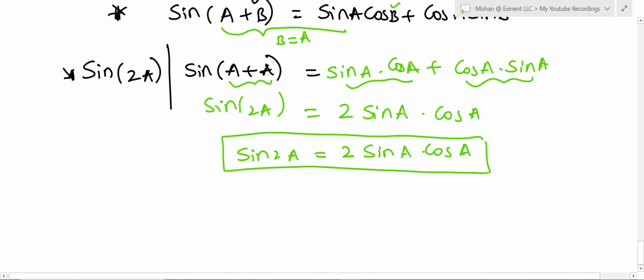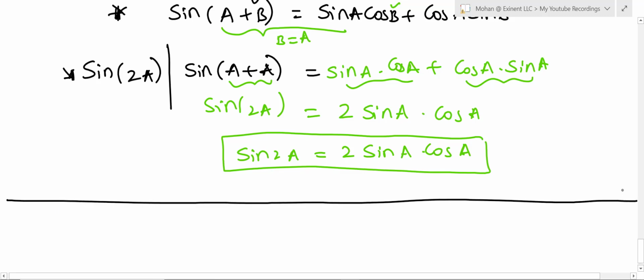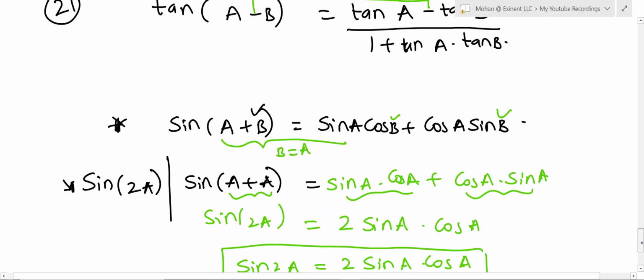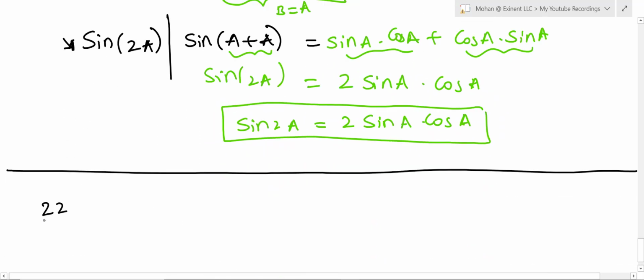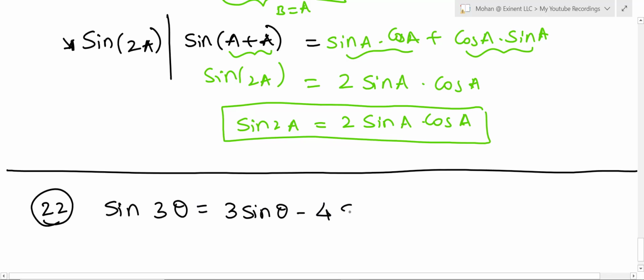Next, what happens to the formulas for 3 times the angle? Sometimes in integration, differentiation, and in some areas you need to know the formulas for 3 times the angles. What I am trying to tell you is what happens with sine 3 theta. Try to understand this formula: it is 3 sine theta minus 4 sine cube theta. Alright.